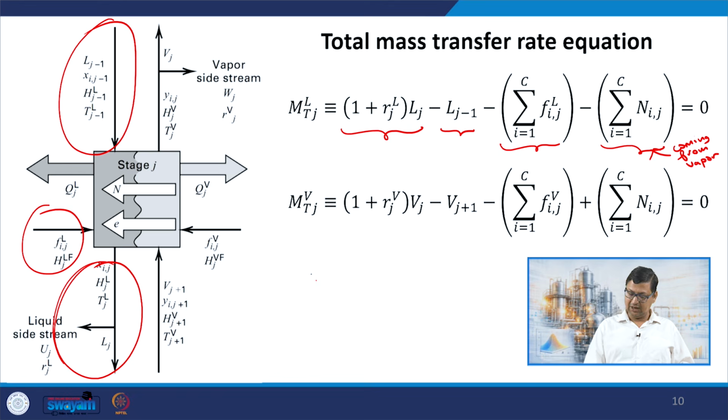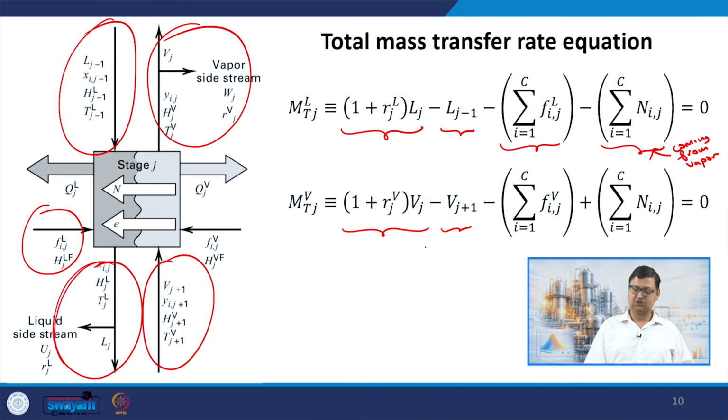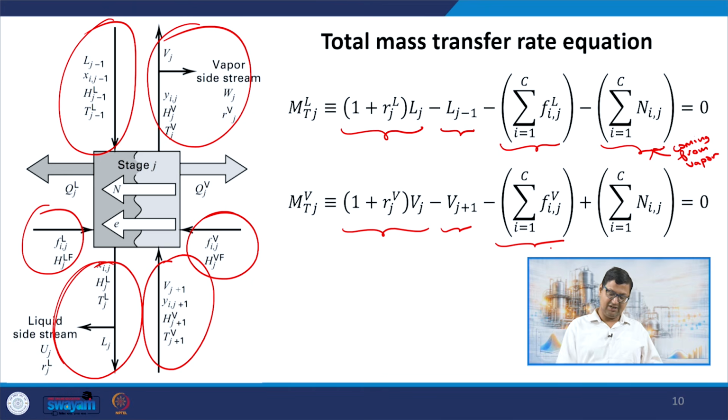Now, when I write it for the vapor, in that case we are going to have what is leaving the vapor, the main stream and the side stream, that is right here. What is entering the vapor is J plus 1, and what is also entering the vapor is the feed, summed over all the components. And finally, what is also entering the vapor is what is coming from the liquid within the stage.